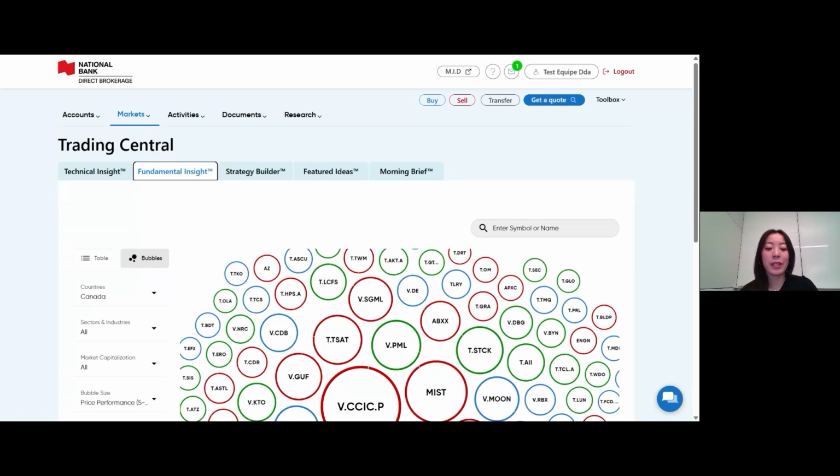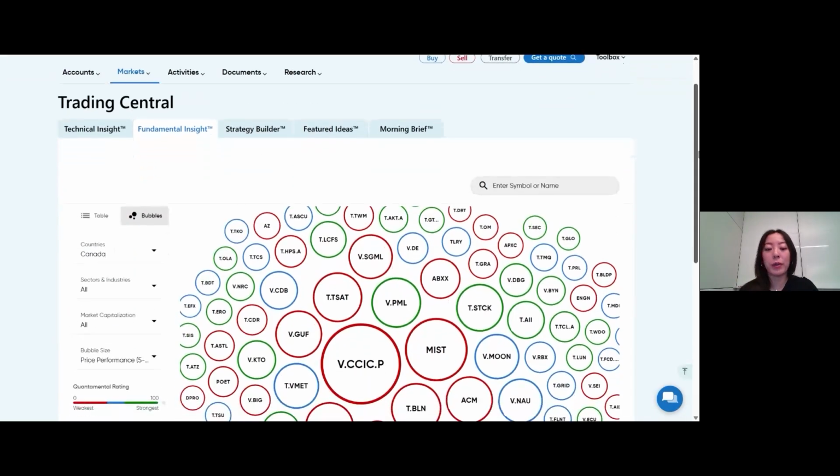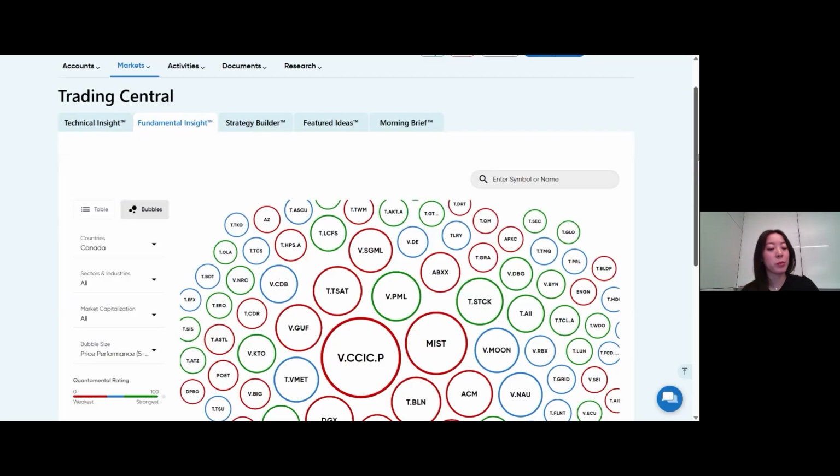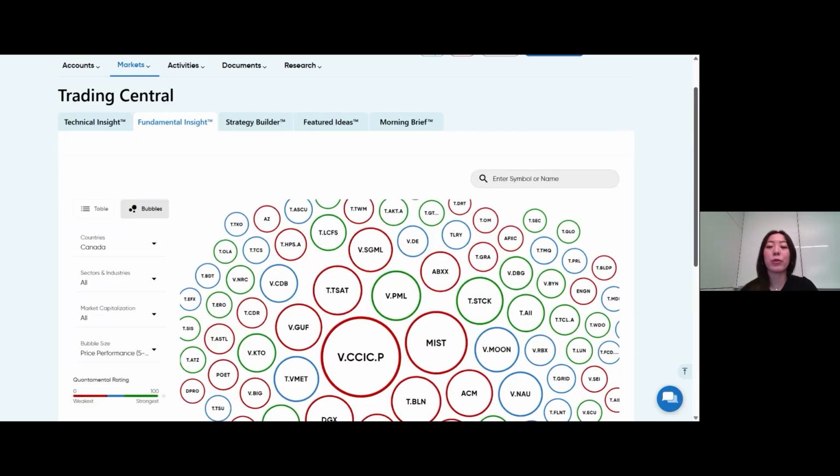This tool transforms large amounts of complex financial and economic data, all of the data points that you see in financial statements, into something more clear, visual, and actionable in terms of the insights that it provides. The Fundamental Insight tool helps investors make more informed decisions without having to read long financial reports.